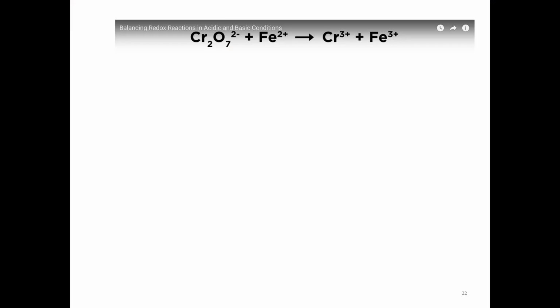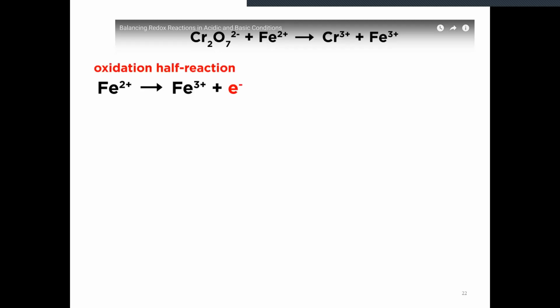So here we're just showing the ions, a redox reaction, and we want to balance it. First thing we do, we break it up into the 2 half cells. So this is 1 half cell. And here we have oxidation, electrons lost, and it's completely balanced already.